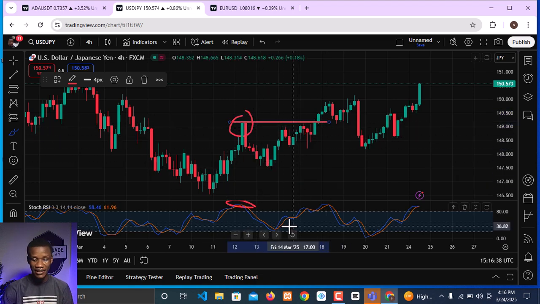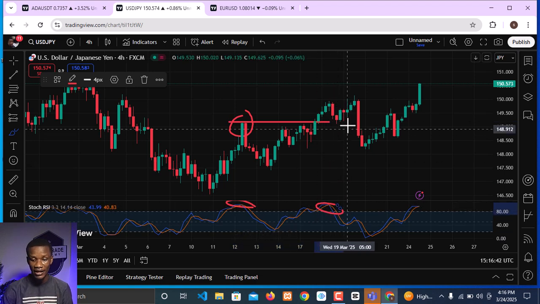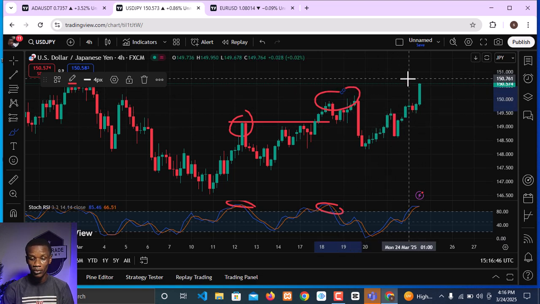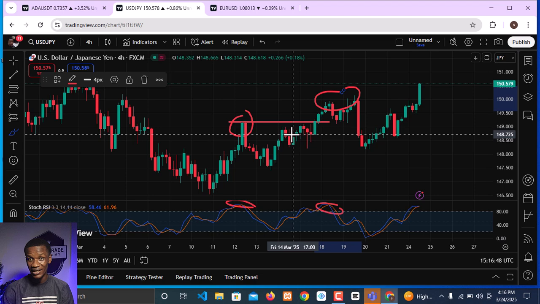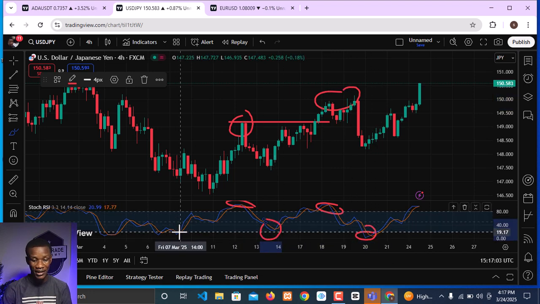The market comes up again, enters into overbought, and if you sell from this very point, you would be stopped out because the market continues upward. If you trade the stochastic this way, you would be making a big mistake. So don't trade the stochastic by trading overbought and oversold conditions. If you take it that way, then you will be making a big mistake.